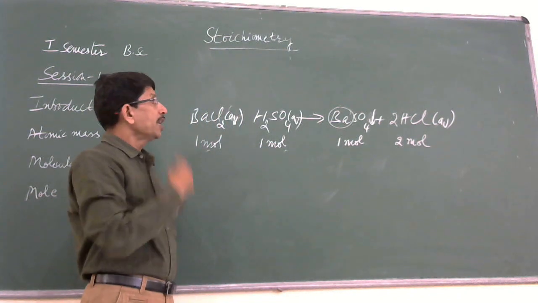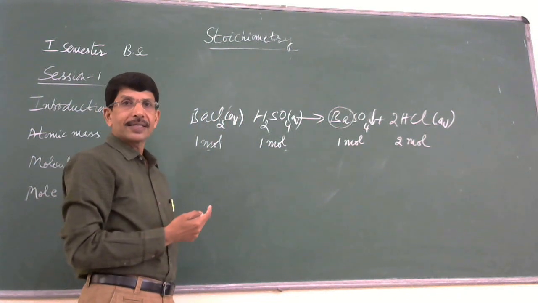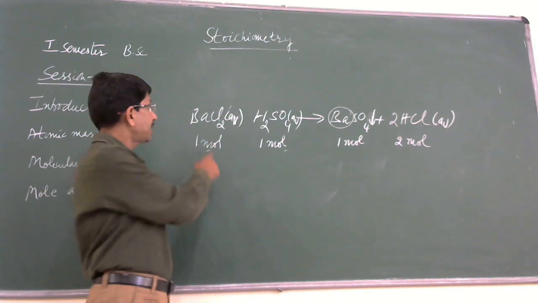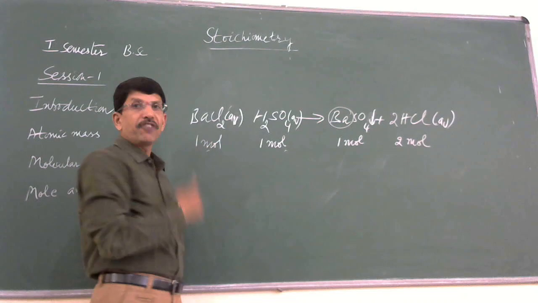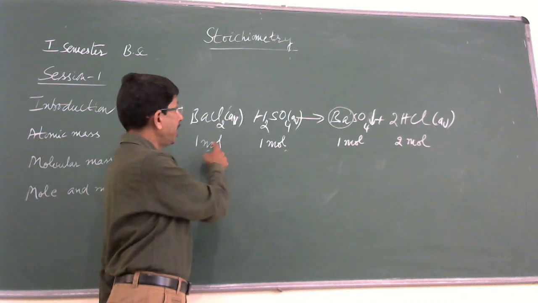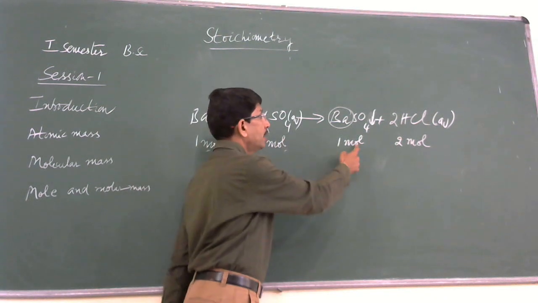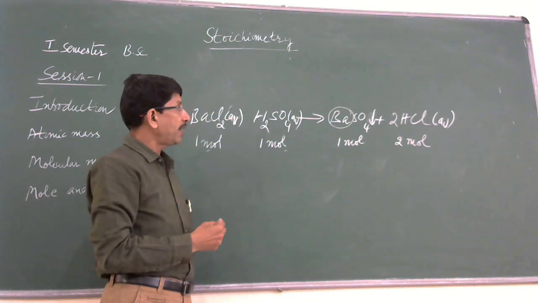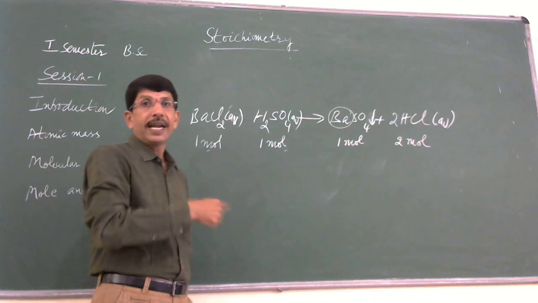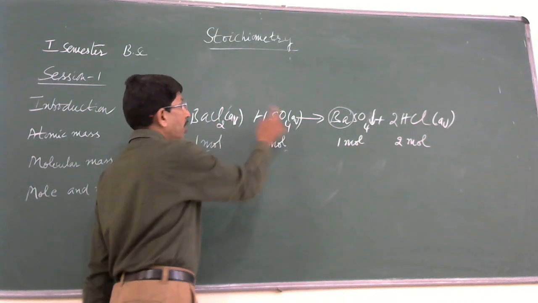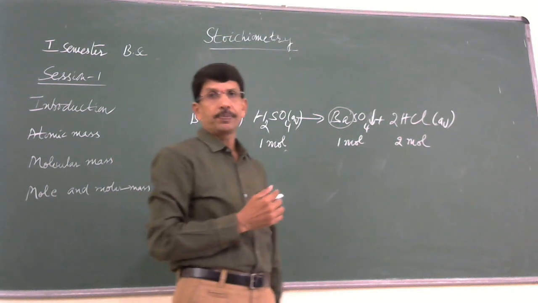One way of stating the quantities of reactants and products involved in a chemical reaction is in terms of moles. In this case, 1 mole of barium chloride reacts with 1 mole of sulfuric acid to give 1 mole of barium sulfate and 2 moles of HCl, provided the reaction is 100% complete and all the reactants are in their purest form.